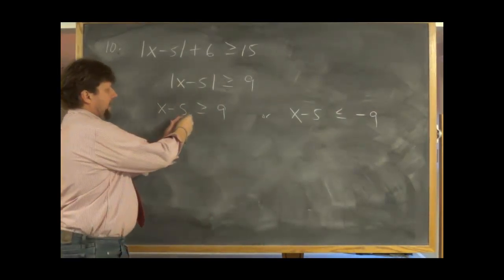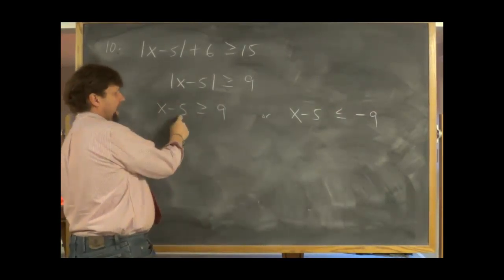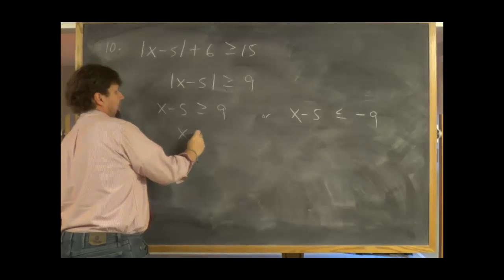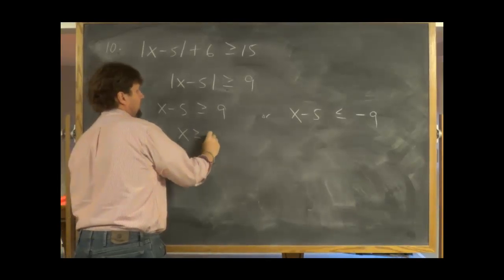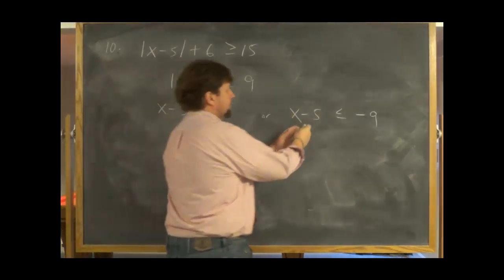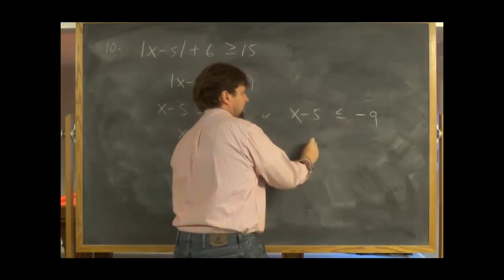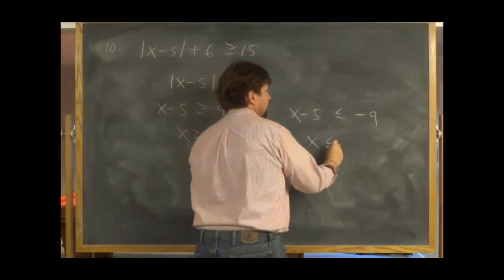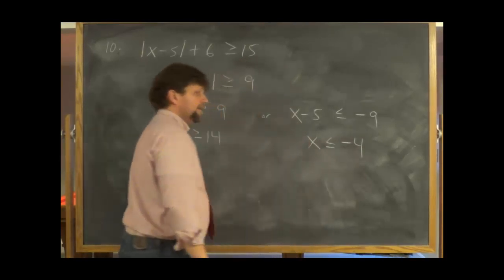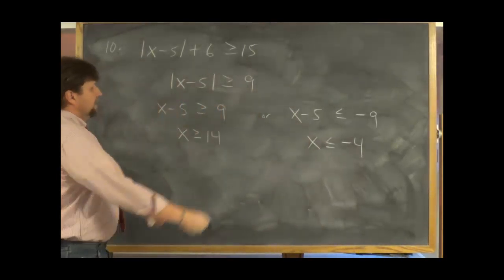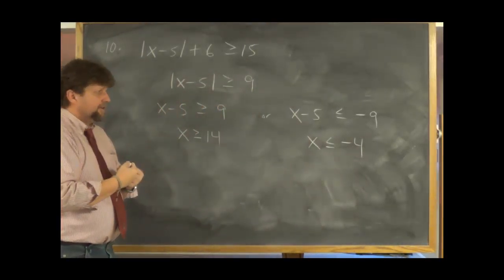I solve this by adding 5 to both sides, and I get x is greater than or equal to 14. And I solve this by adding 5 to both sides to get x is less than or equal to negative 4. So now I write my answer in interval notation.